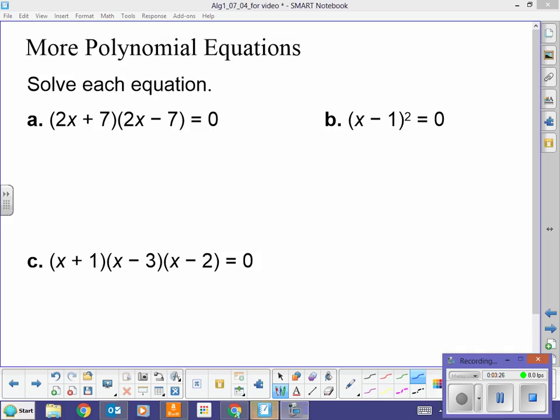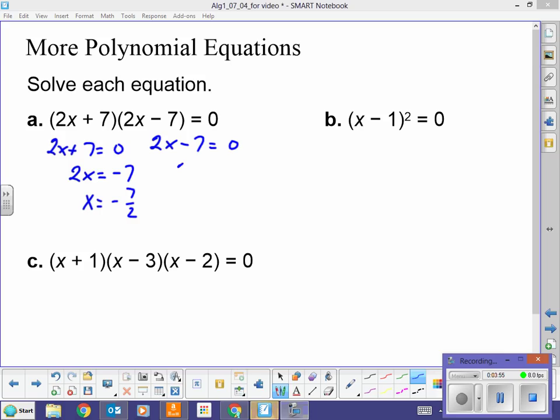Let's take a look at these. These are a little bit different in that they're written a little bit different. 2x plus 7 equals 0, and 2x minus 7 equals 0. Okay, so in this case, I have to subtract 7 from both sides. 2x equals negative 7, so x equals negative 7/2.